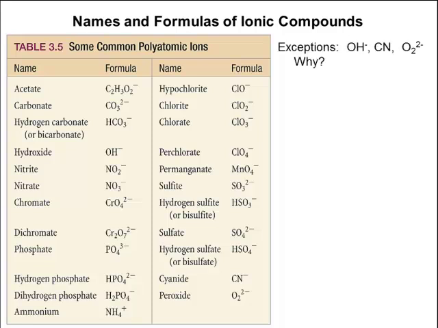All right. There are a couple exceptions to that. You also need to know the OH minus, the CN minus, and the O2 2 minus. Those are hydroxide, cyanide, and peroxide. Those end in IDE, but they're not monoatomic ions. Okay, so those are some exceptions to that. Otherwise, though, you need to know the ATE form.